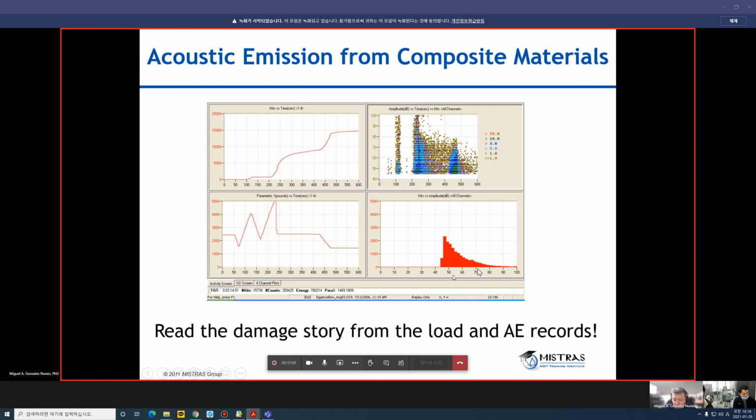That's why it's called an amplitude distribution. So you count the number of signals at different amplitude levels. And you can see as the damage started to increase, you will observe an increase in the number of signals detected with high amplitude.